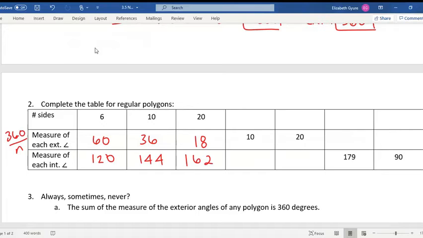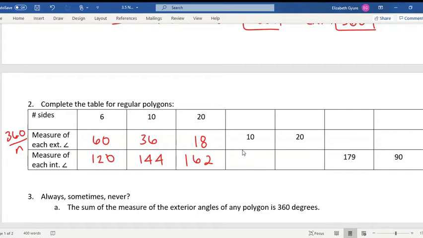Now, if I give you the measure of an exterior angle, it's easy to think you need to work backwards and multiply by 360. However, if you have a sum of 360 and each one of those is 10, you can actually still just divide. So you can take 360 divided by each exterior angle.